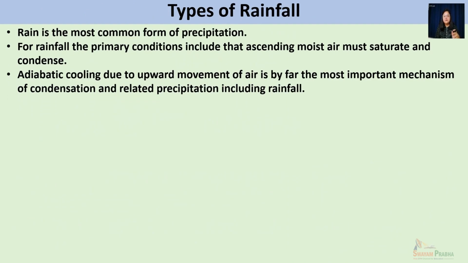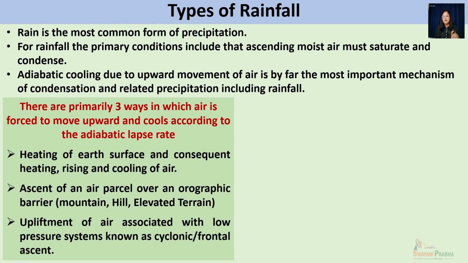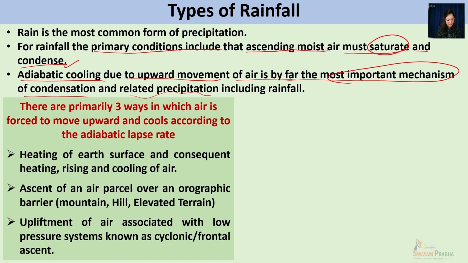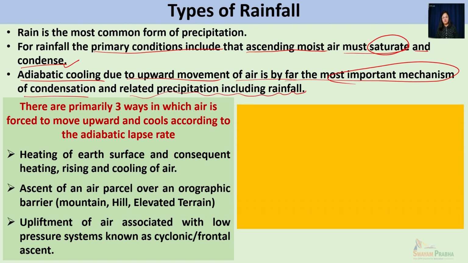Now, coming to the types of rainfall, we know that rain is the most common form of precipitation, but for rainfall to happen, the primary condition is that the ascending moist air must saturate and get condensed, and adiabatic cooling due to upward movement of air is by far the most important mechanism of condensation and related precipitation, including rainfall.